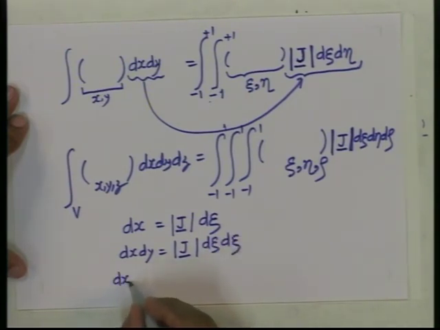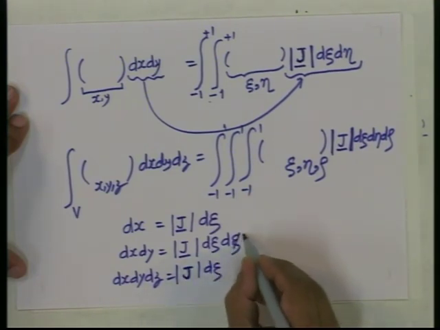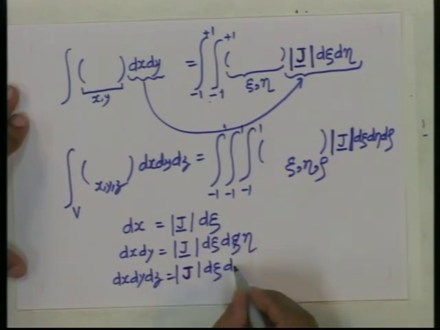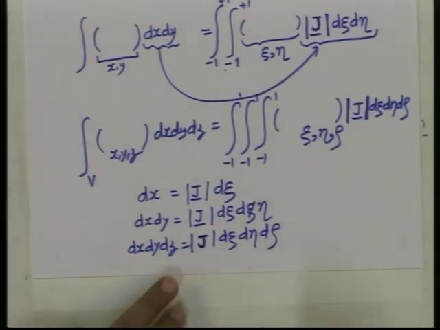And for dx dy dz you have to put this additional thing. Now, I would urge you to read a little bit and then it will become clearer to you.